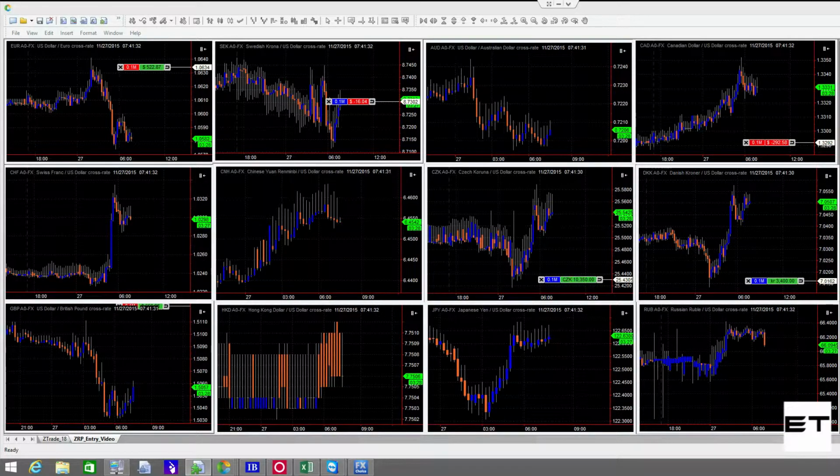The Danish kroner is up over 3,500 Danish dollars, which is well over 500 US dollars. The British pound is also positive, about 54 pips, which is over 500 US dollars.